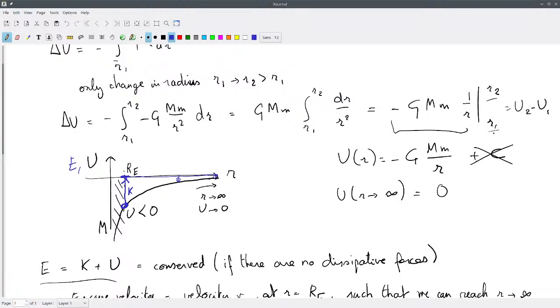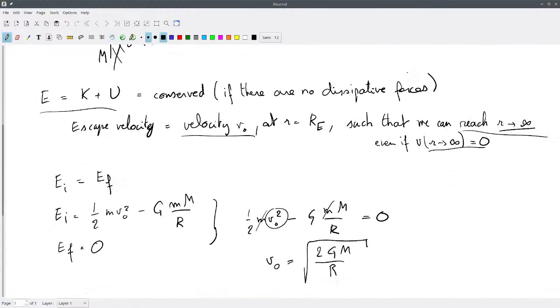If we don't give that amount of kinetic energy, then the maximum radius will be the point where we don't have enough energy to go to a larger radius, and so we'll have a maximum radius for an orbit if we give an energy lower than the escape velocity we would need at the surface.